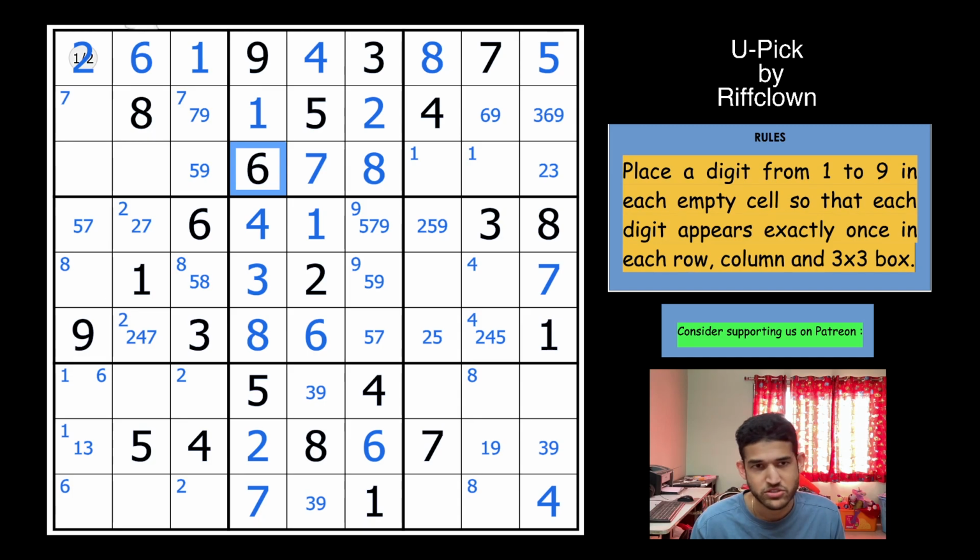Haven't been focusing much on the bi-value candidates. So what do we got here? We have a 2, 3, 6, 9, 3, 9, 1, 3.